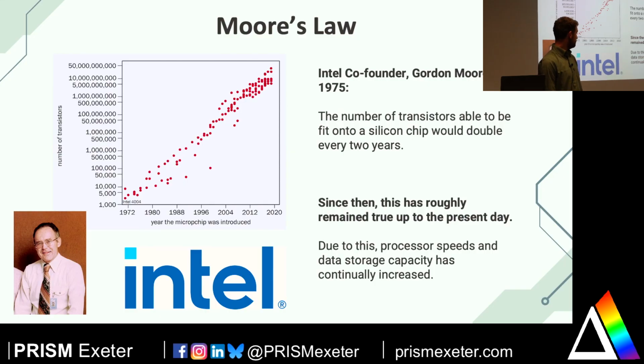Since then, this has roughly remained true up to the present day, and this has mainly been caused by improvements in memory technology and also improvements in the technology used to make these devices, where we've been able to fabricate smaller and smaller devices and package them onto silicon chips to the point these days where we can have billions of transistors on a chip.